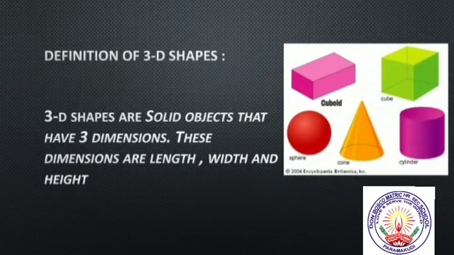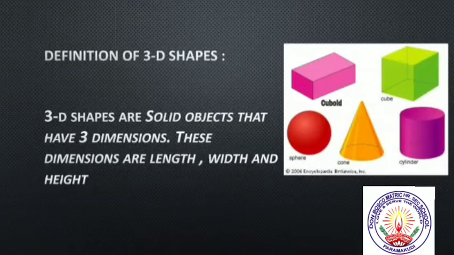3D shapes. Do you have any idea? An object having 3 dimensions such as height, width and depth, like any object in the real world. For example, your body is 3 dimension.